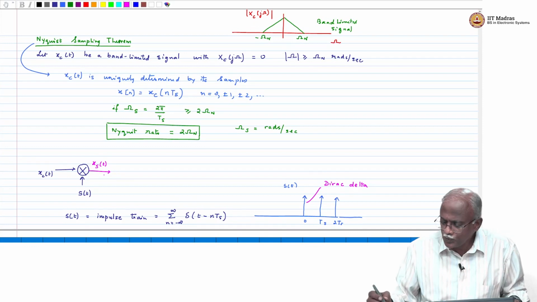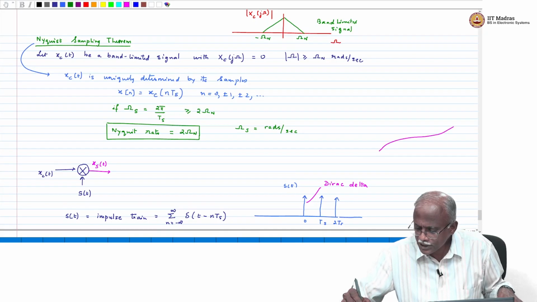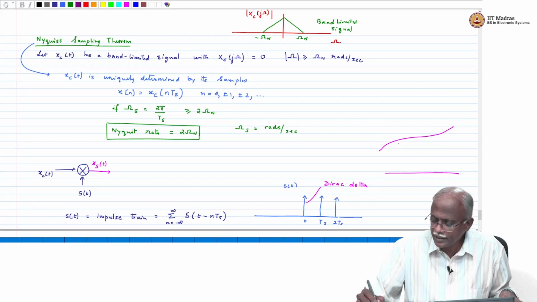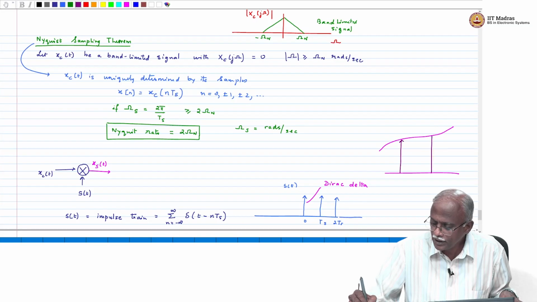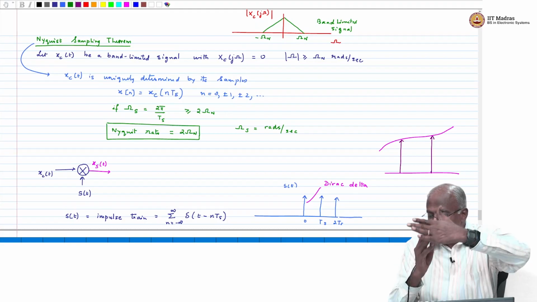What you have is these Dirac deltas which are present. And what happens when they multiply? If you have a continuous time signal like this and you multiply with the Dirac delta, you get the height of the function at that point, right? So basically these are now scaled Dirac deltas.